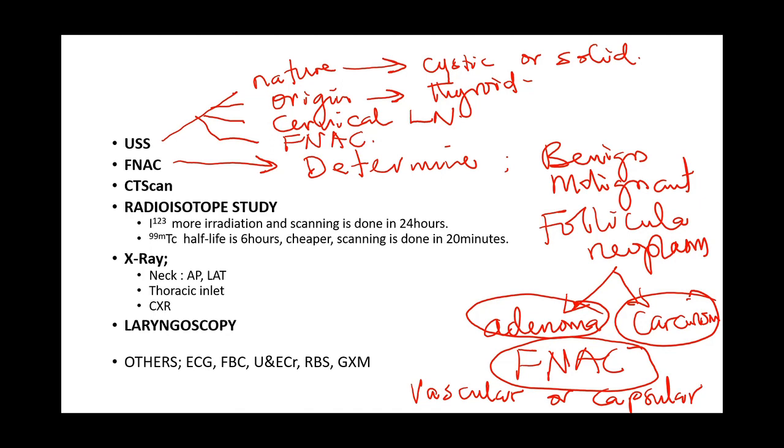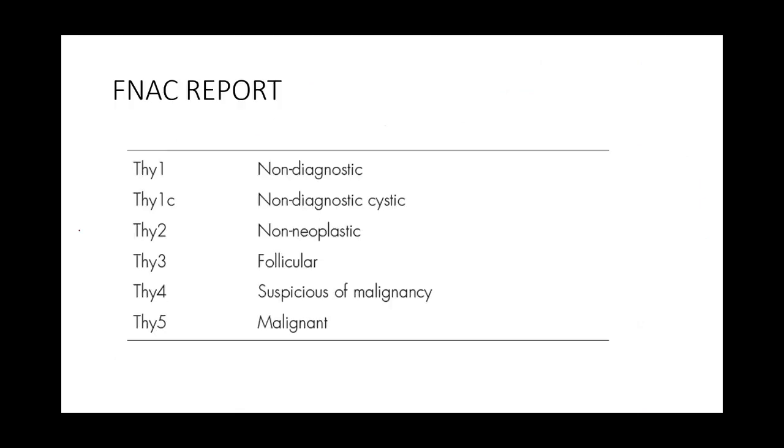However, there are various ways the fine needle aspiration cytology is interpreted when it is taken for a goiter. It is reported from Type 1 to 5. Type 1 is non-diagnostic. Type 1C is non-diagnostic, cystic. Type 2 is non-neoplastic. Then type 3 is follicular, and type 4 is suspicious for malignancy, while type 5 is malignant.